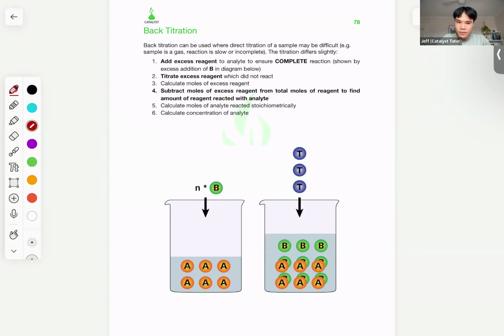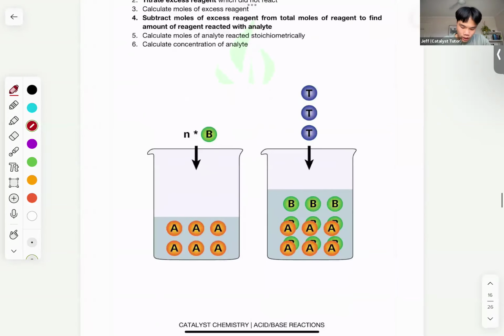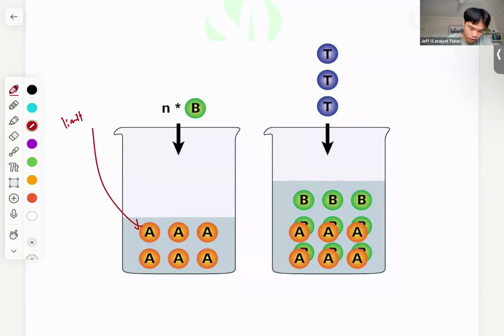Back titration. We'll talk about what it is, and then I'll give you a question to try, and then we'll see how we go. Back titration is a process where you have an acid or base that isn't particularly soluble usually. So you're trying to figure out how much of what's in here, the limiting reagent.